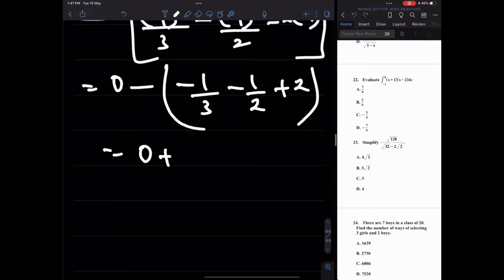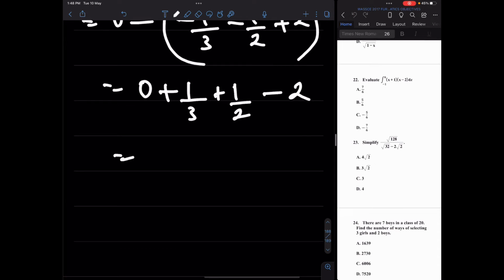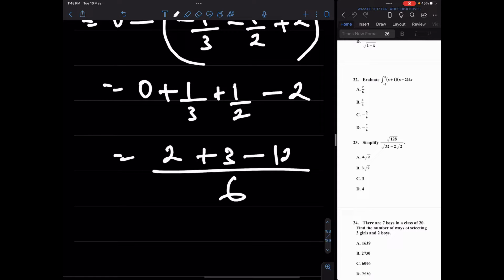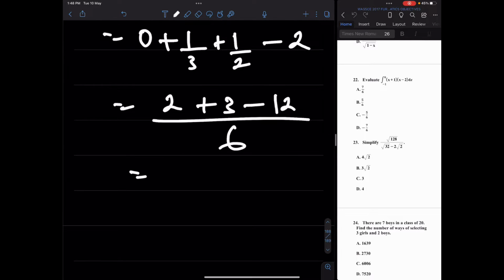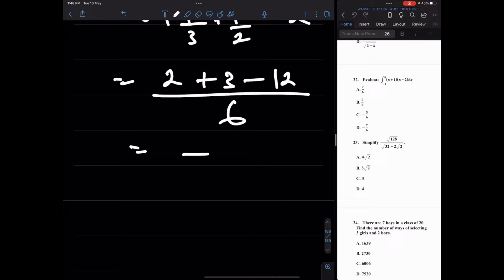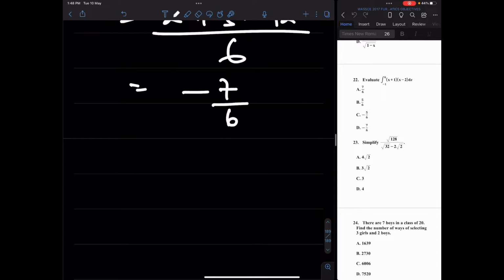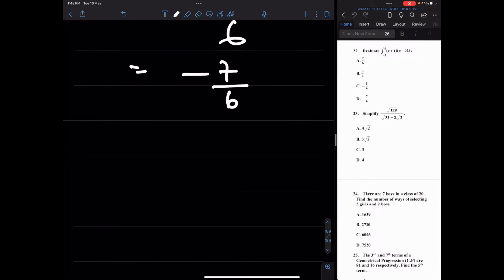That's 0 plus 1 over 3 plus 1 over 2 minus 2. The LCM is 6, so that's 2 plus 3 minus 12, which is 5 minus 12, that's minus 7 over 6. 0 minus 7 over 6 is the same as minus 7 over 6. And the correct option is D.